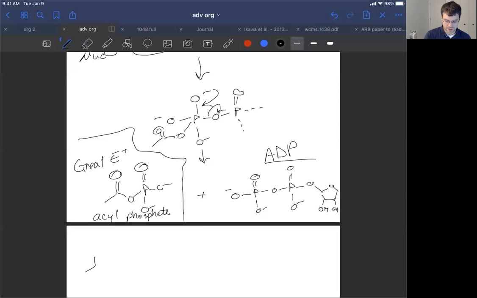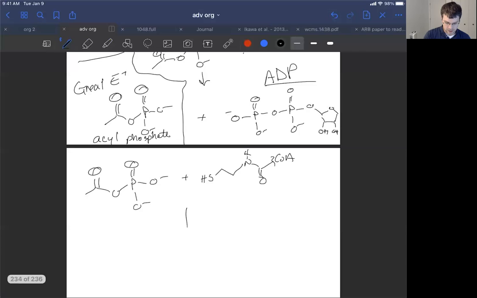Okay, so it's this acyl phosphate that will react with the sulfur atom of coenzyme A by way of an addition-elimination sequence to make the thioester. I feel like I want that to add as the SH.